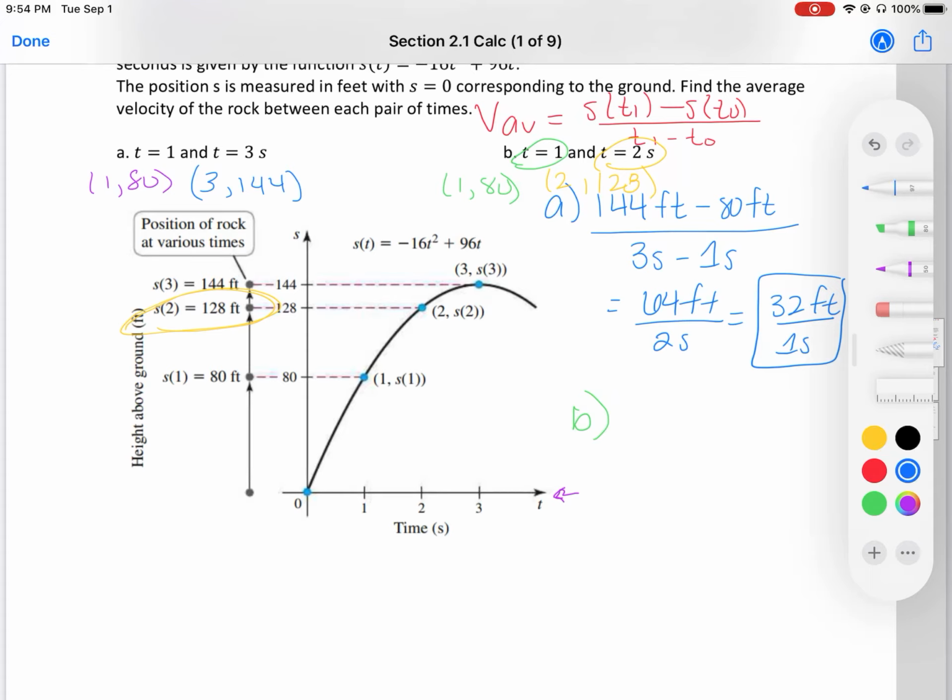So we have 128 feet minus 80 feet divided by 2 minus 1. We get 48 feet per second, per 1 second.